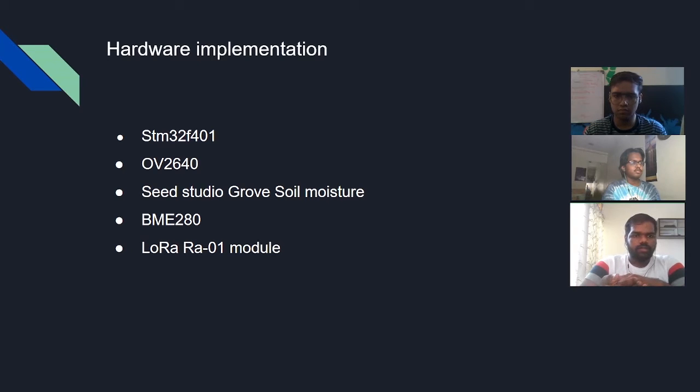ADC. And the next component is BME280, which is a temperature, humidity, and pressure sensor from Bosch. With this component, we are using it to identify the temperature and humid conditions in a very localized way, particular to that field.